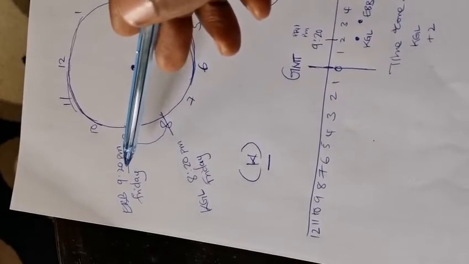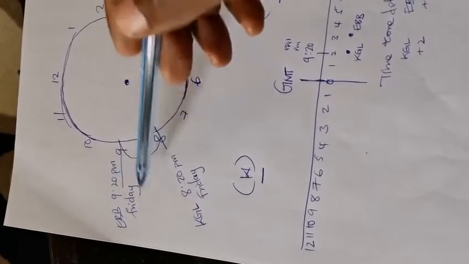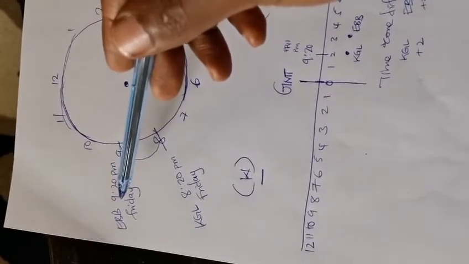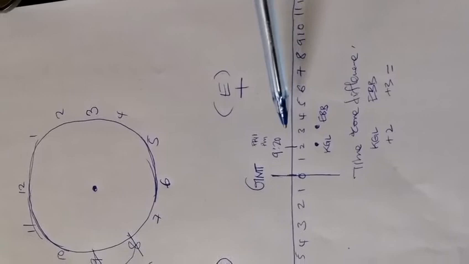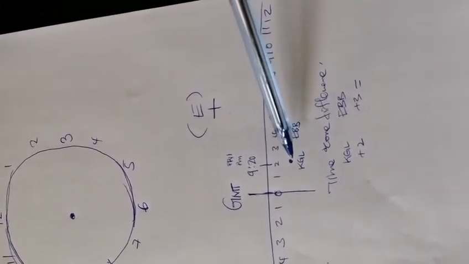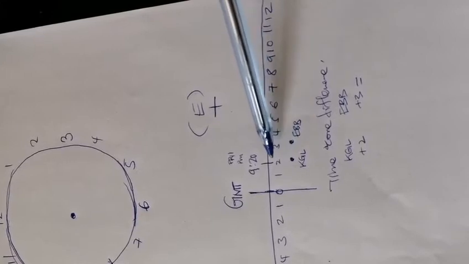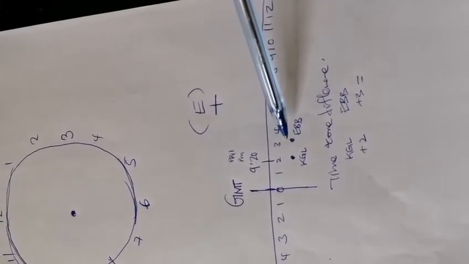So what we do here is that this is KGL time, so we need to convert it to Entebbe time. So we go to our grid here, and remember that you have to first mark the time zones. Okay, so KGL is at +2, EBB is at +3.